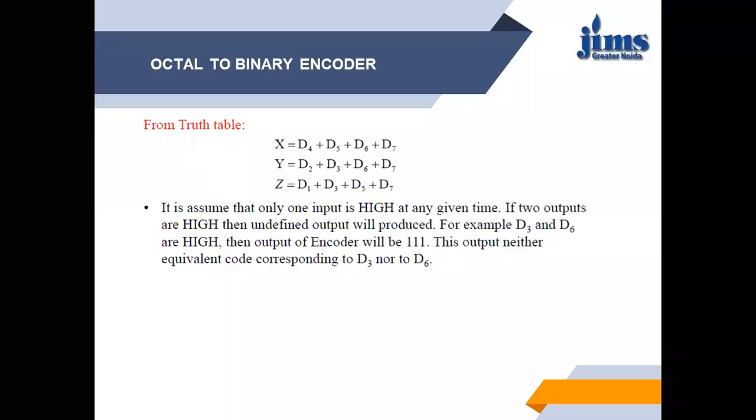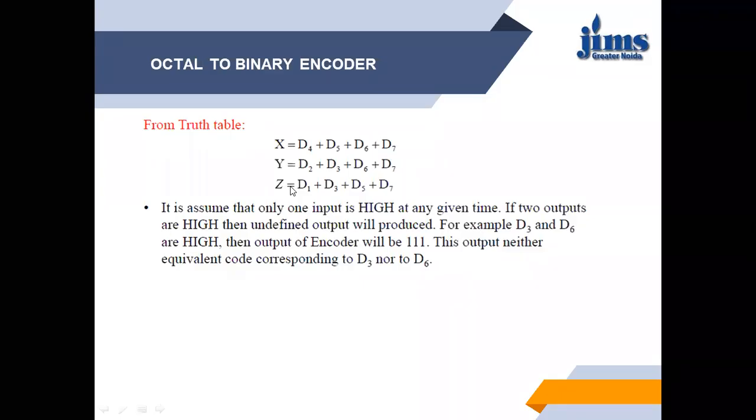This may be noise, this may be an electrical fluctuation, and we have assumed that at a given time only one input can be high. Now suppose two of the inputs, D3 and D6, are high. As D6 is 1, X will be 1; D3 and D6 both are 1, so Y will be 1; D3 is 1, then Z will be 1.